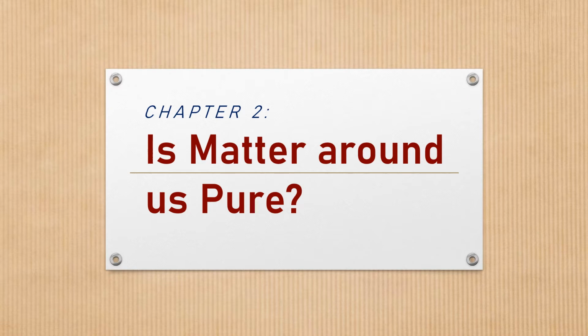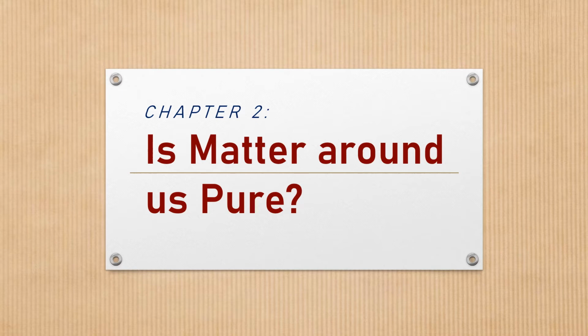And mixtures can be classified into two, that are homogeneous mixture and heterogeneous mixture. Homogeneous mixture means a mixture which has uniform composition throughout and there are no physically distinct parts. But a heterogeneous mixture does not have uniform composition, and physically distinct parts are also there.